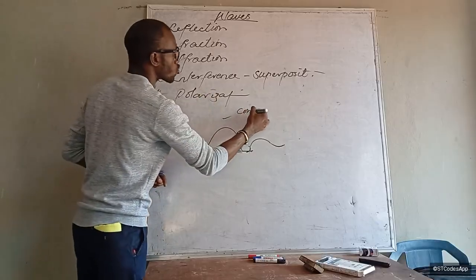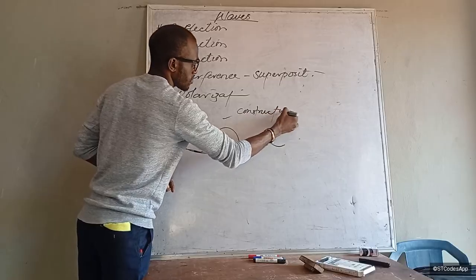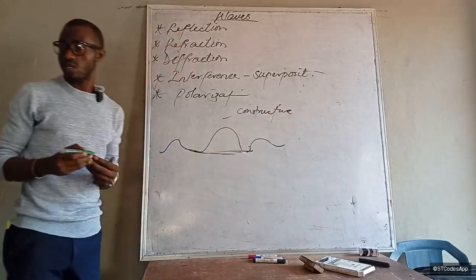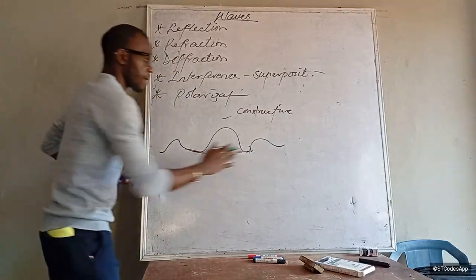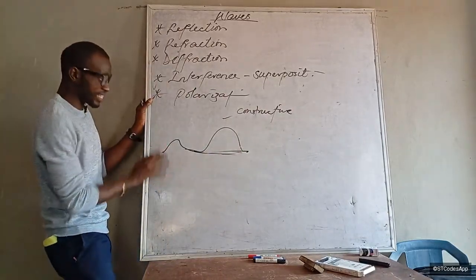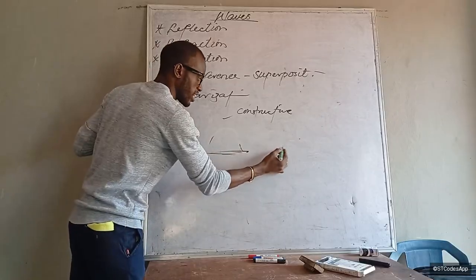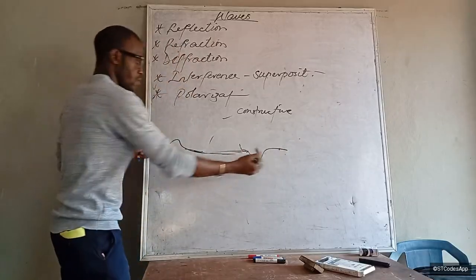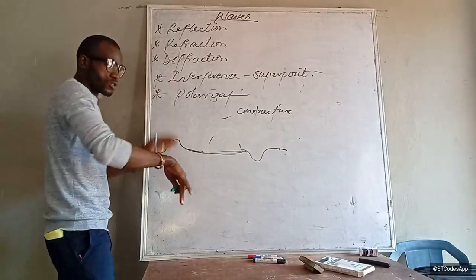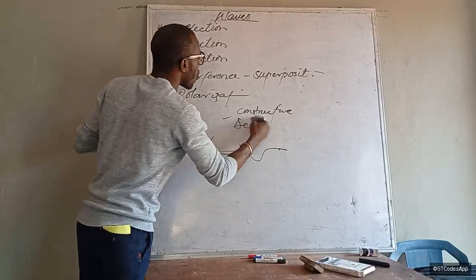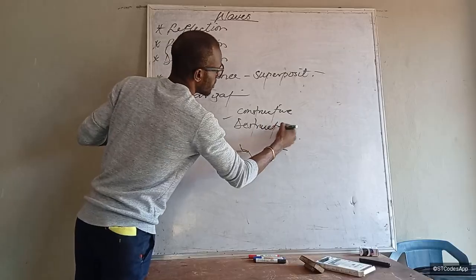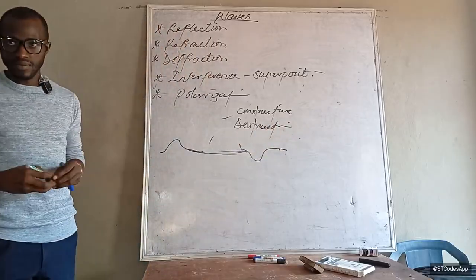This is called constructive interference. But if I pass a crest here, and now pass a trough here, when they meet, they will cancel out each other. It's called destructive interference.